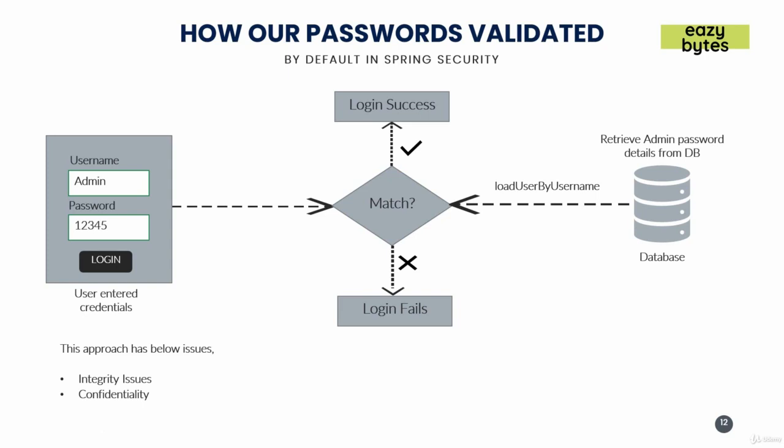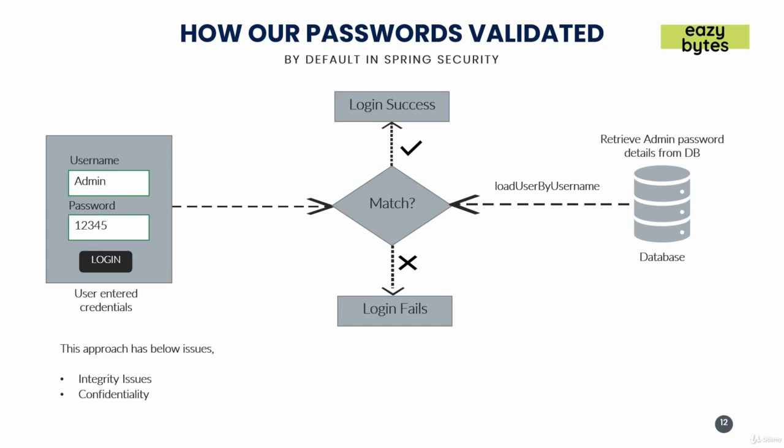That's one issue. The other issue is you are sending the password in plain text over the network, from my client browser to your backend server. That means you are exposing the most sensitive data inside your application, the password, over the network, which results in two types of issues.